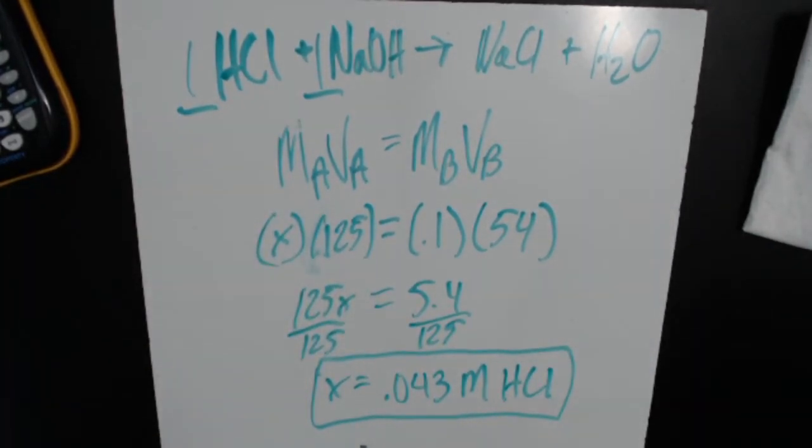All right, let's look at the next example. This time we have 50 milliliters of potassium hydroxide, and we're neutralizing 125 milliliters of sulfuric acid, H2SO4. Like I said before, balanced reaction first.